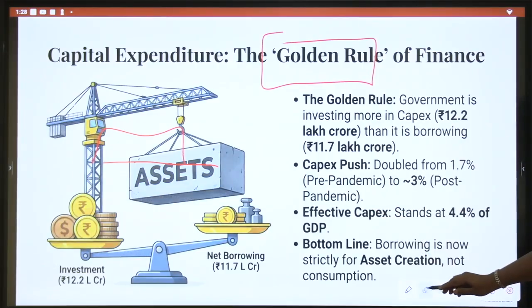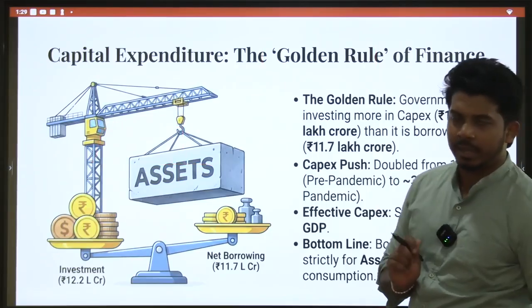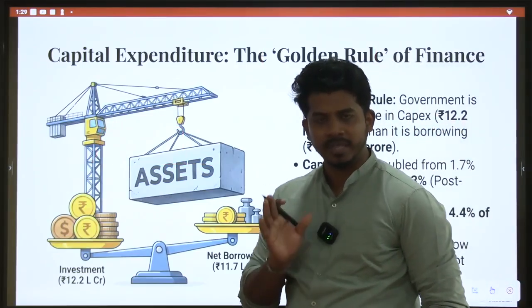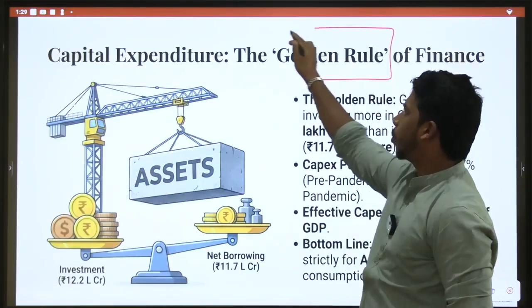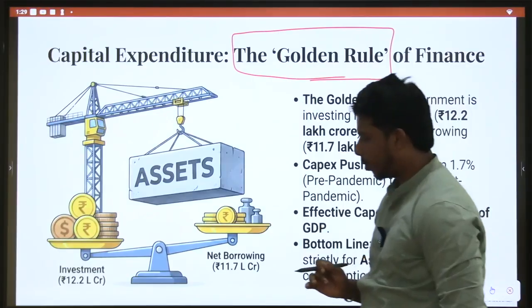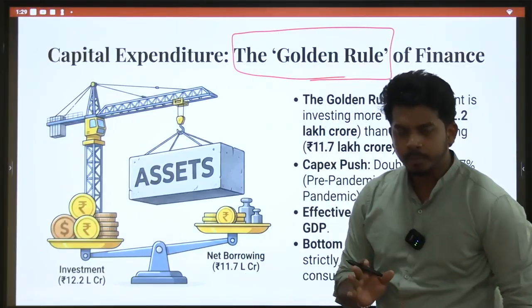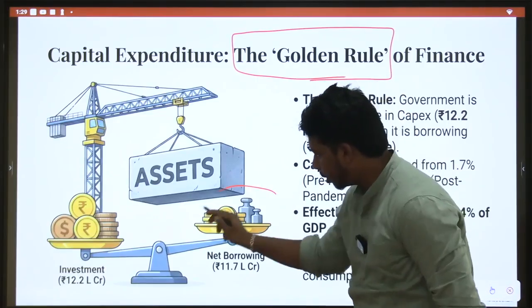Now, one new feature has been observed this year. For the first time, we have observed something called the golden rule of finance. What is this golden rule? Every year we will have some fiscal deficit, so we will borrow some amount.